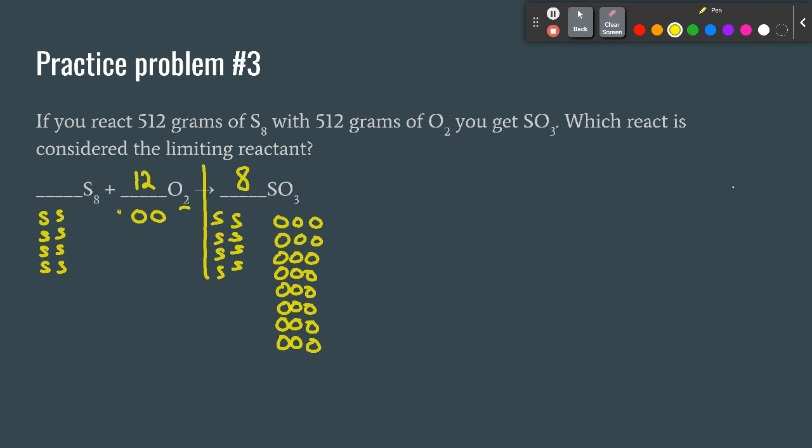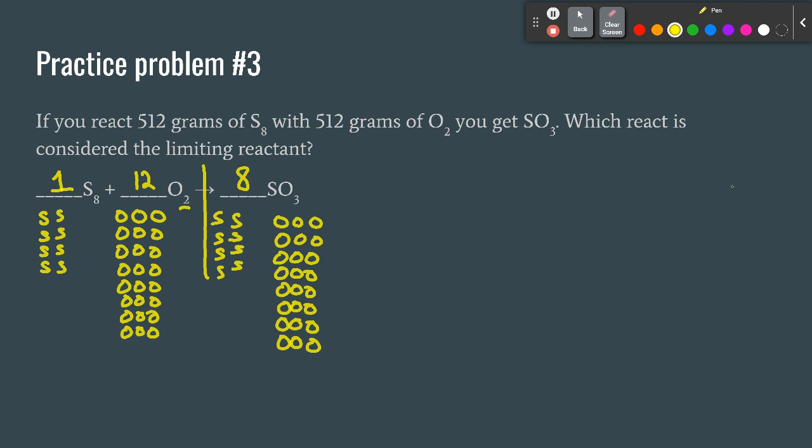And 12 times 2 is going to give us a matching amount of sulfurs and oxygens on both sides. We can fill in this blank with a 1 if we'd like, though it's not required.